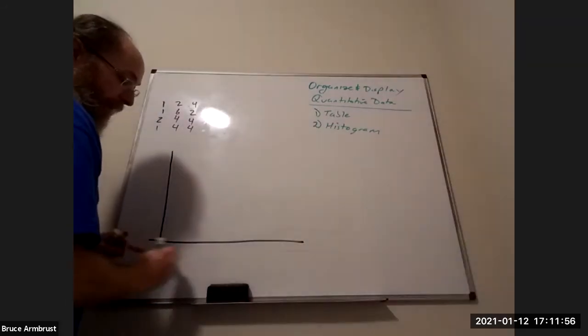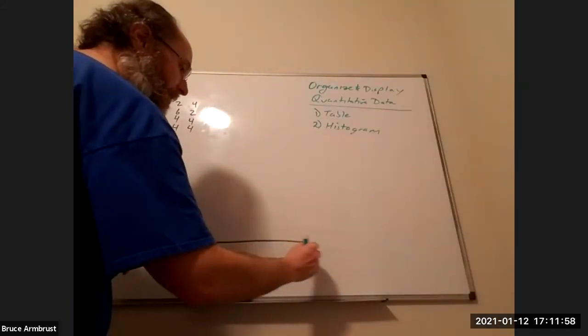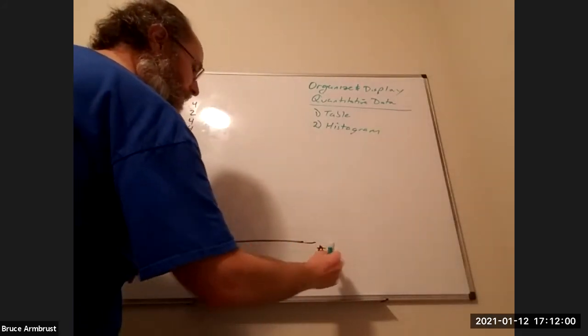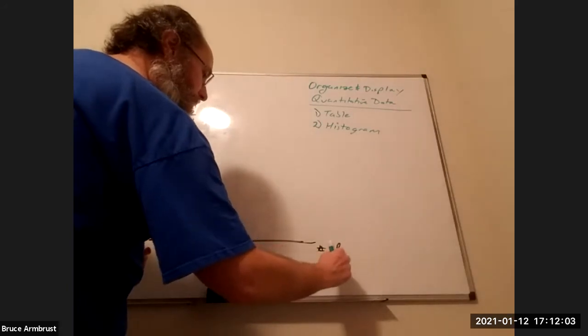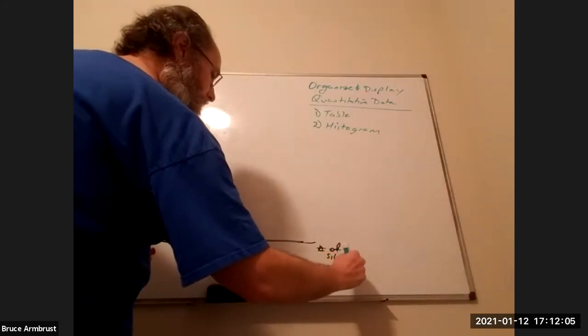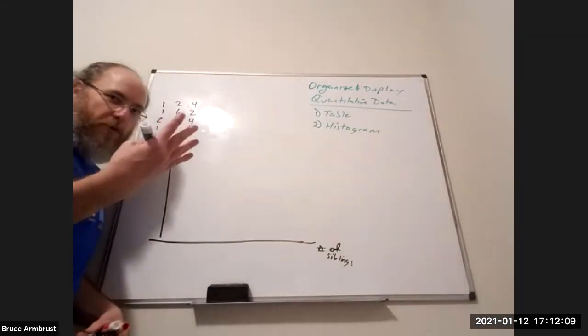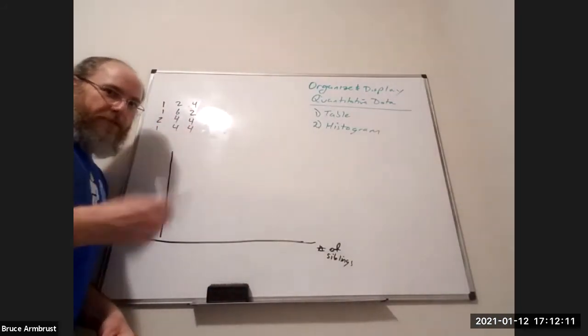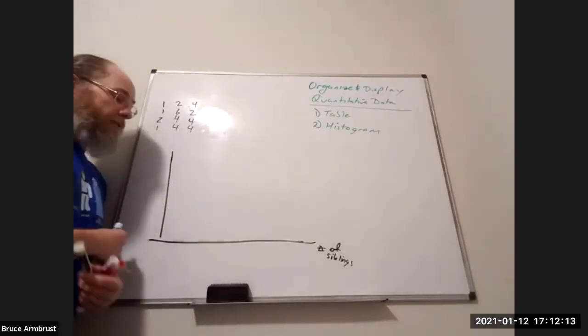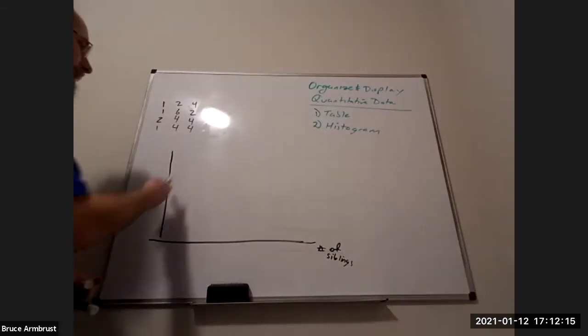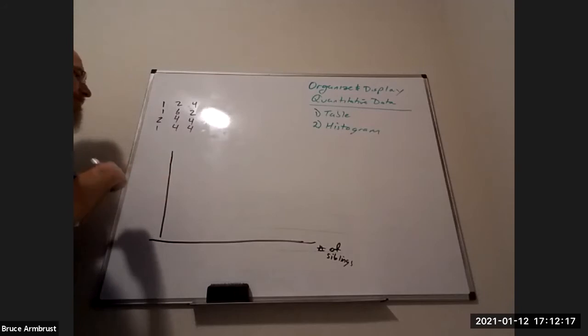So down on this axis, this is going to be the number of siblings. I've got 4 siblings. Some of you had 1 sibling, right? And again, on this one, this is going to be frequency.